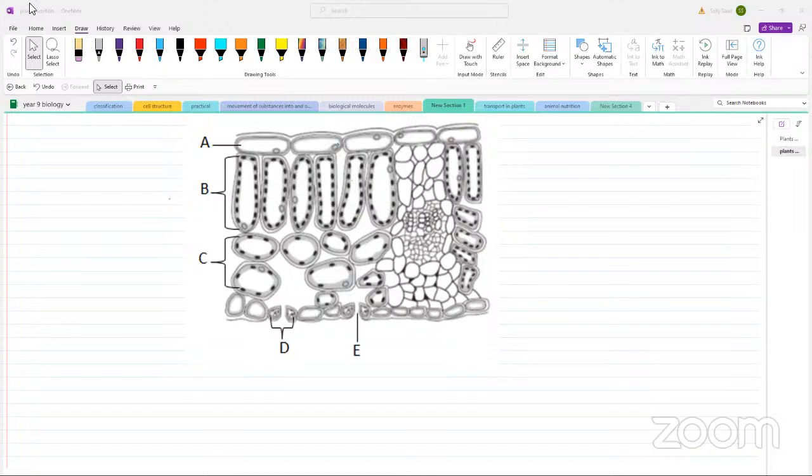The stomata open and close by the control of the guard cells, right? Okay. As I said, stomata open to allow the gas exchange and close if there is no gas exchange, or they can be closed to stop the loss of water by a process called transpiration. Okay.